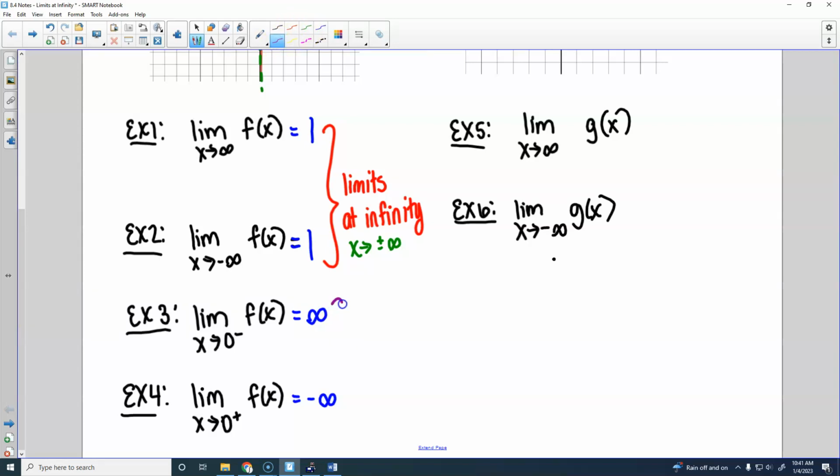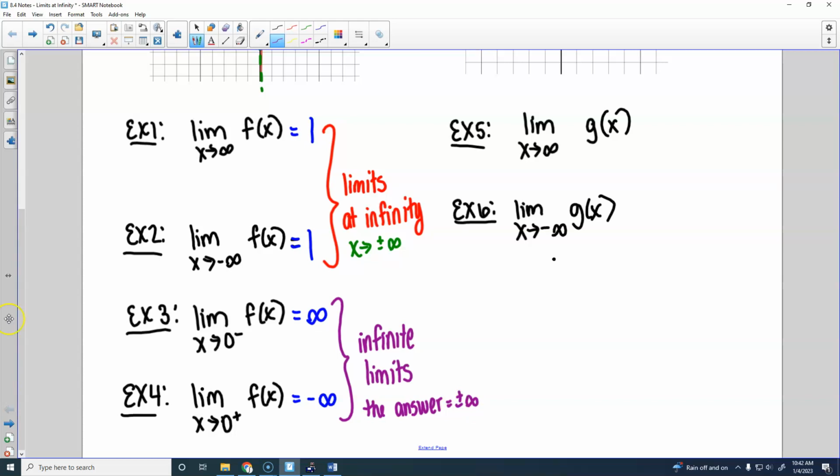These right here are called infinite limits. And for these, the answer equals positive or negative infinity.